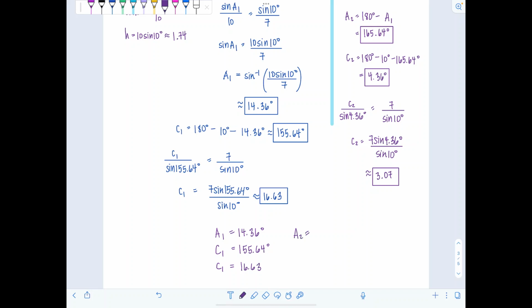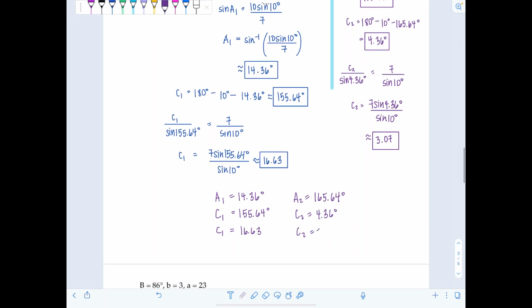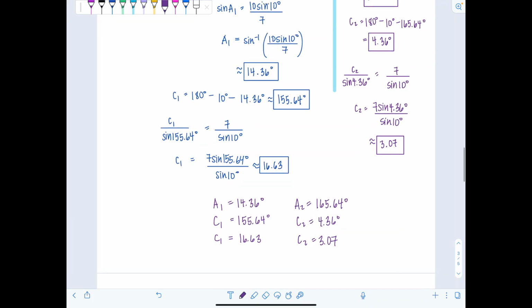Angle A2, 165.64 degrees. Angle C2, just baby 4.36 degrees, and side C2, 3.07. They didn't give us units, so that's how we're leaving it. Okay. Good. That's the hardest one, obviously.